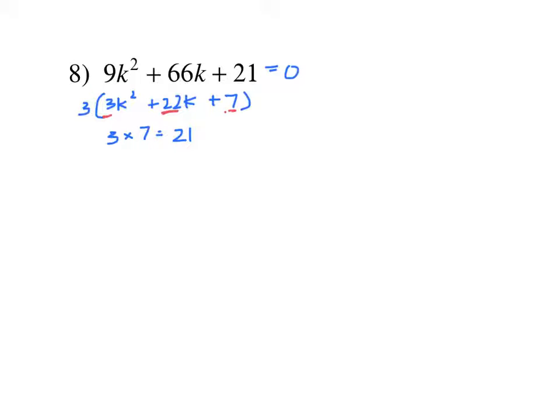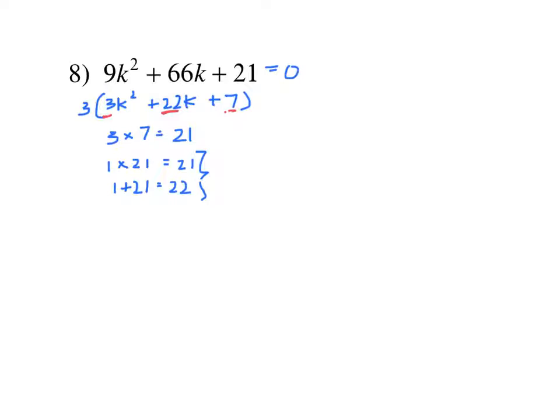So that's the part that's kind of similar to the way that you were probably doing it in class. And I know that if I multiply 1 times 21, that would give me 21, and if I add together 1 plus 21, that would give me the 22 in the middle term. So those are the two factors that I'm going to use. I'm going to use 1 and 21 as my two factors.